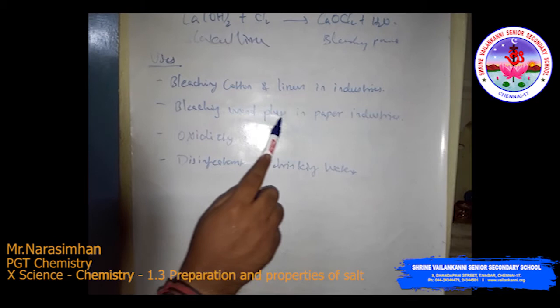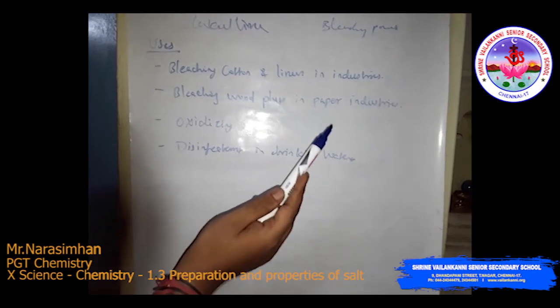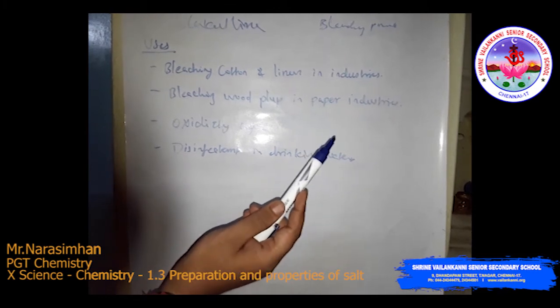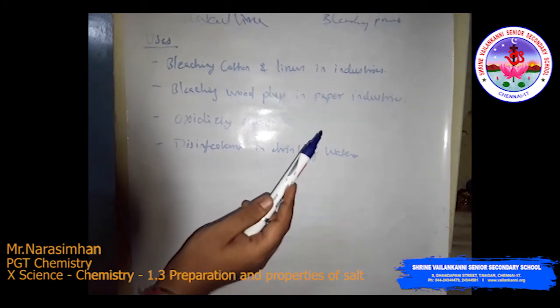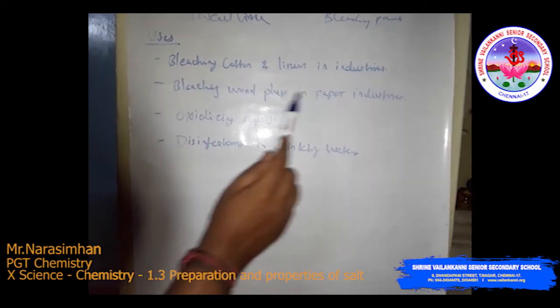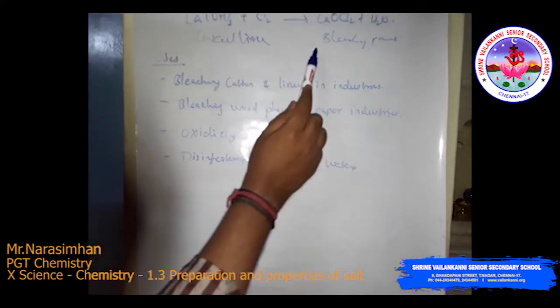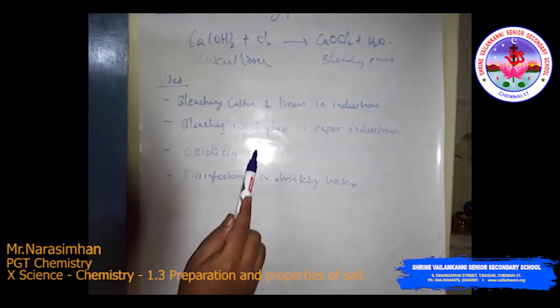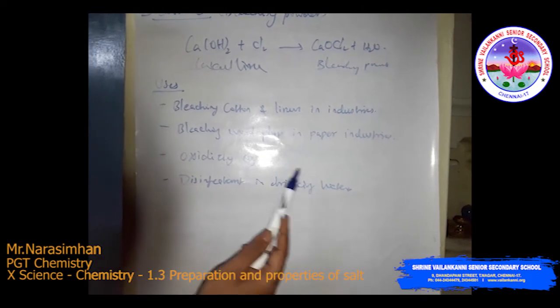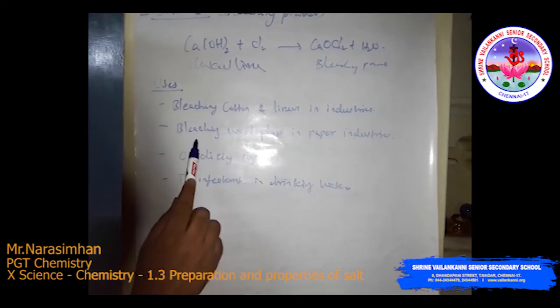You have different types of colors, that is milky type of paper and some dull types of paper, and this ratio is different, which plays a major role. So if the bleaching agent is good, the paper quality is also good, so they use bleaching of wood pulp in paper industries.